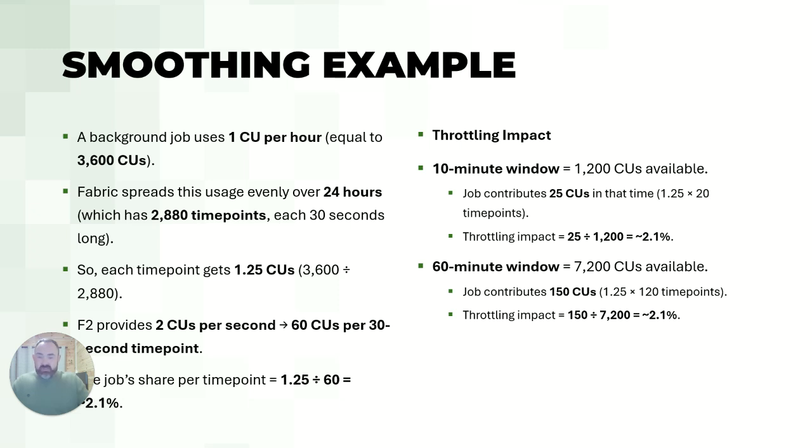If that's a 60-minute window, we've got 7,200 CUs available. The job contributes 150 CUs per second, so 1.25 times 120 time points. And throttling impact for that is 150 divided by 7,200, so again it's 2.1%. It's a lot of numbers, but it gives you a good example of what's happening here.